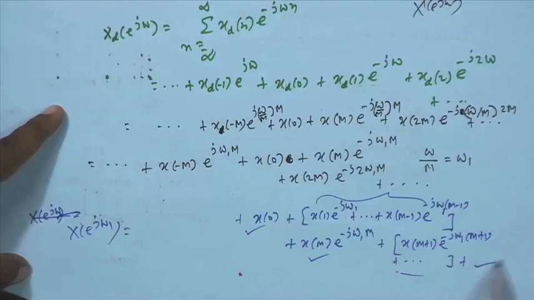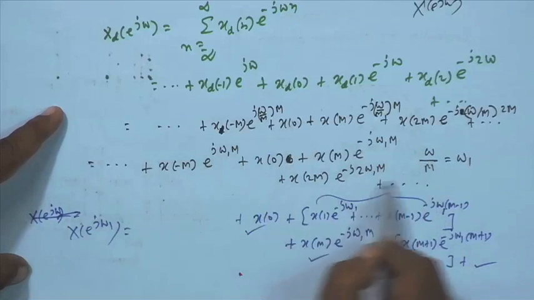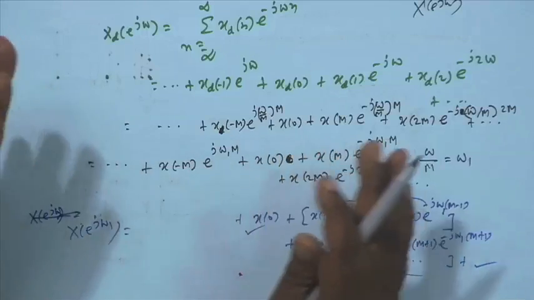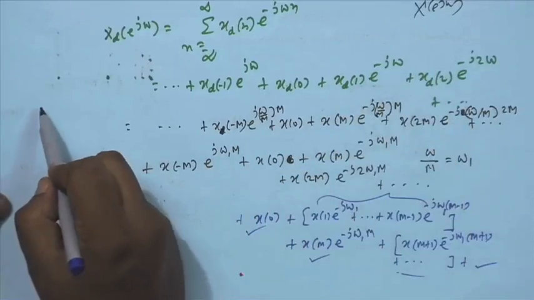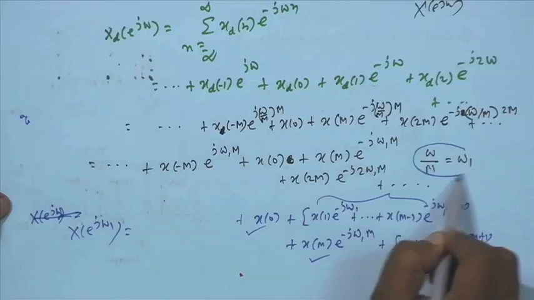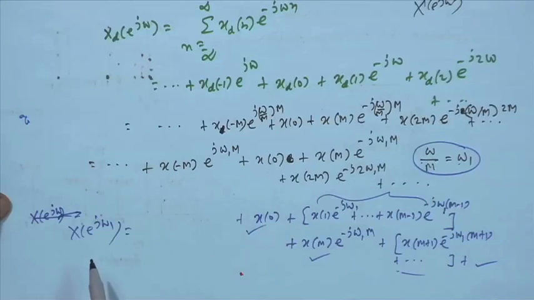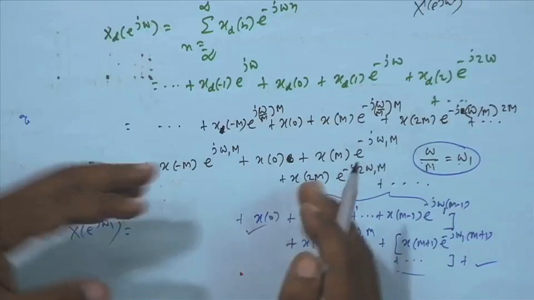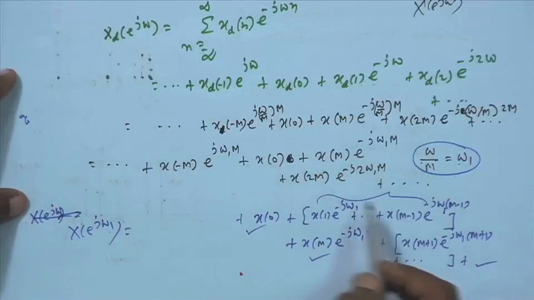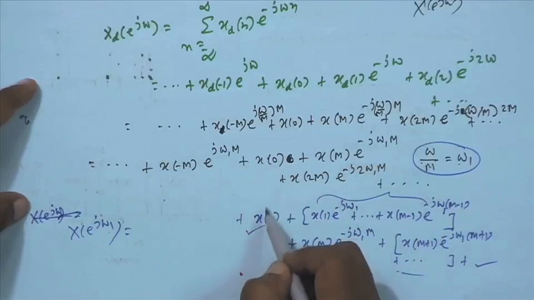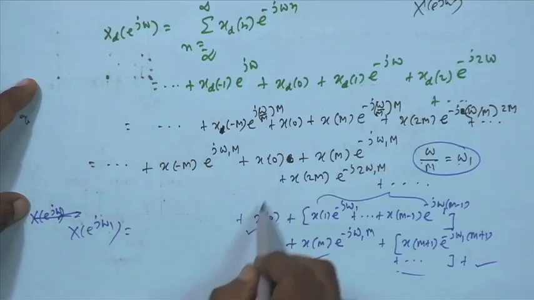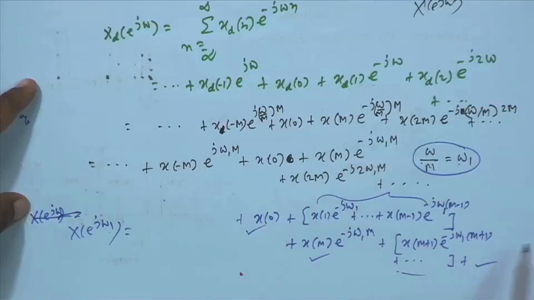So, this summation, this DTFT is part of the original DTFT at a frequency omega 1, where omega 1 is this. So, the original DTFT at omega 1, a generalized expression, has the terms present in this DTFT, plus additional terms.